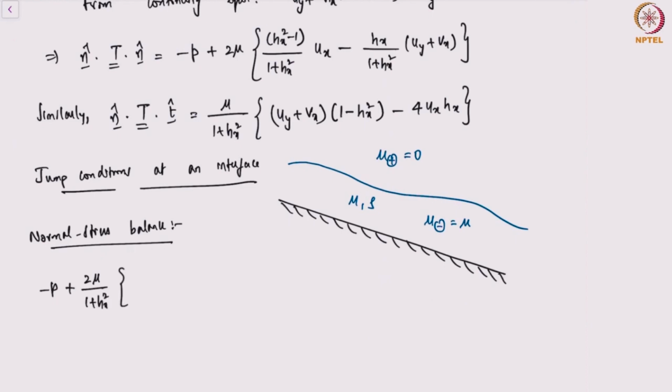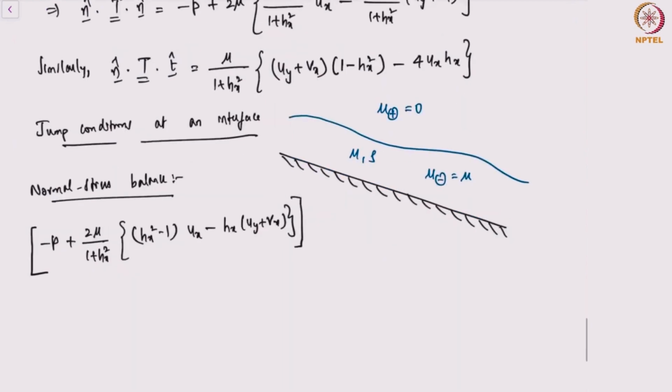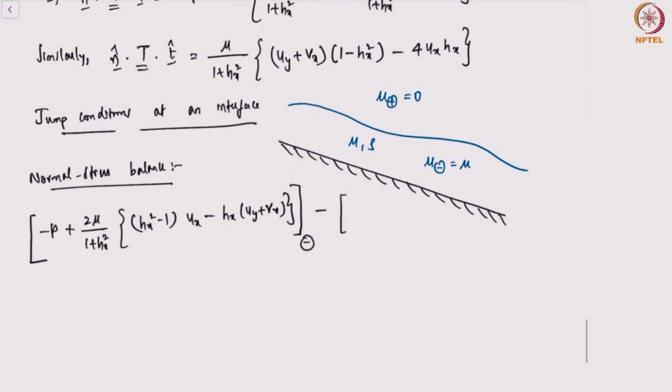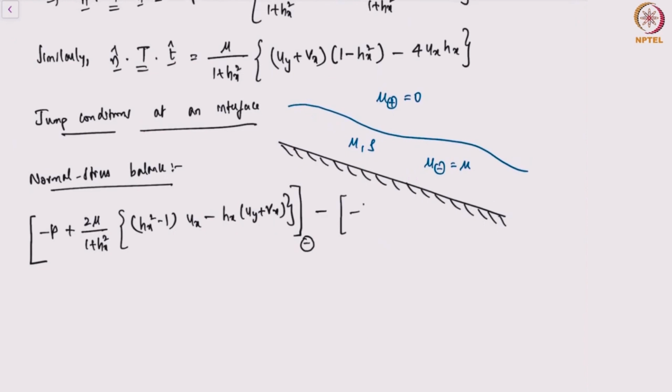This whole thing is valid for the fluid below. That's minus. The fluid above has zero viscosity, so it's just minus p for the fluid above. This would be minus gamma times del dot n.